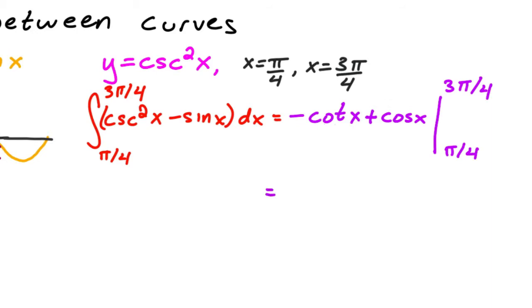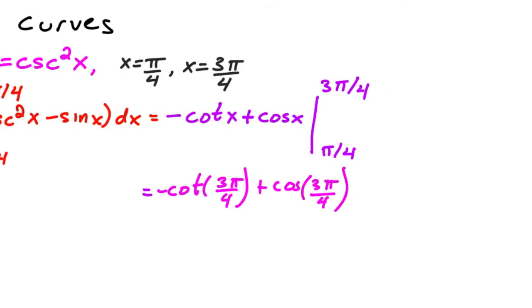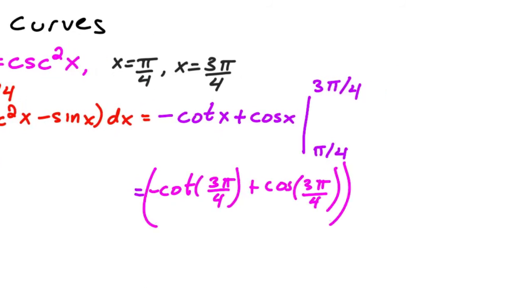So then I have negative cotangent of 3 pi over 4 plus cosine of 3 pi over 4, and then minus, negative cotangent of pi over 4 plus cosine of pi over 4.